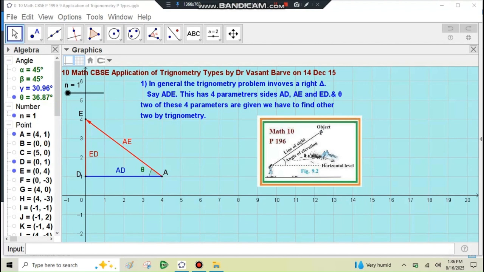Now she's watching at an angle of elevation. This is the angle of elevation and this is the line of sight.